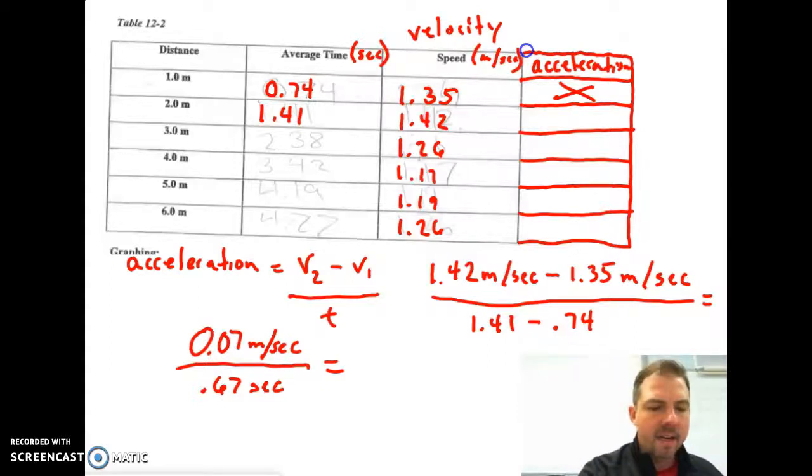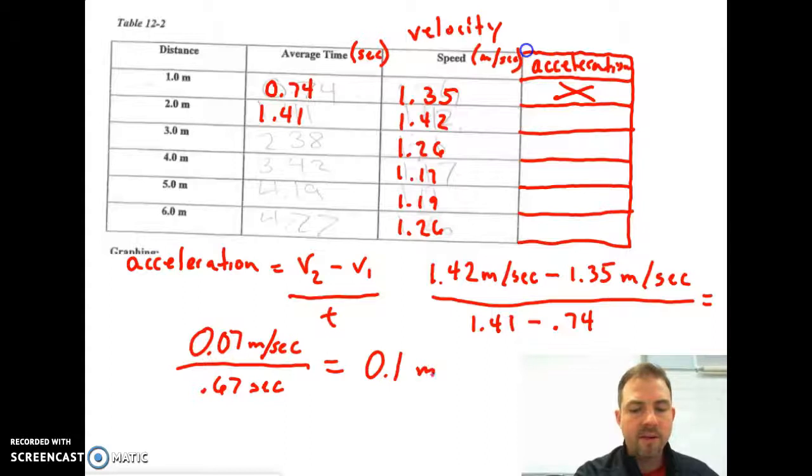All right, I have an answer of 0.1, and the decimal is 0.104477. That's what you'll see on the calculator if you do this yourself. So I'm going to round to the nearest hundredth, as we've talked about. My hundredth place is a 0, so this is where I'm going to leave it.